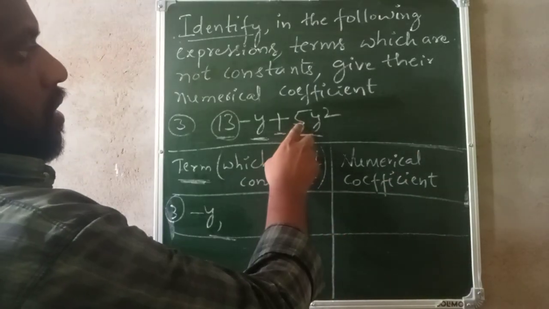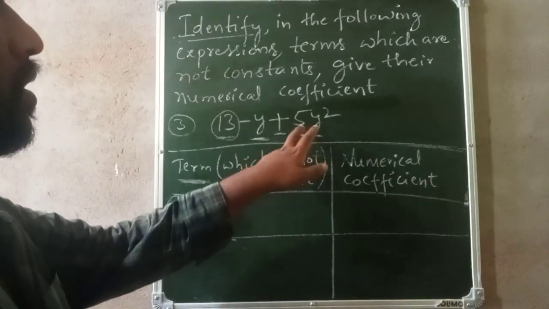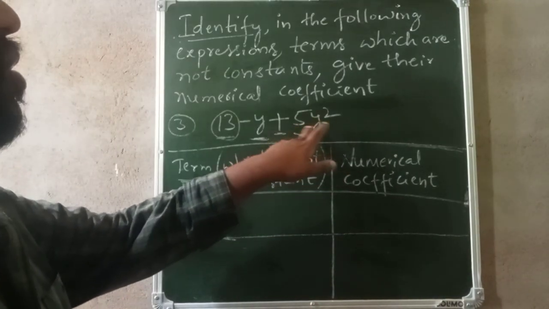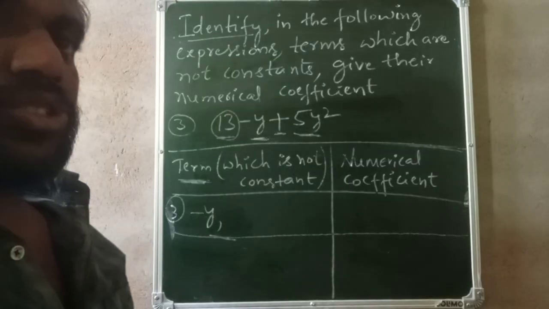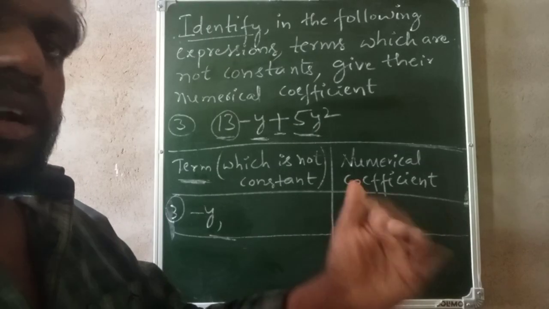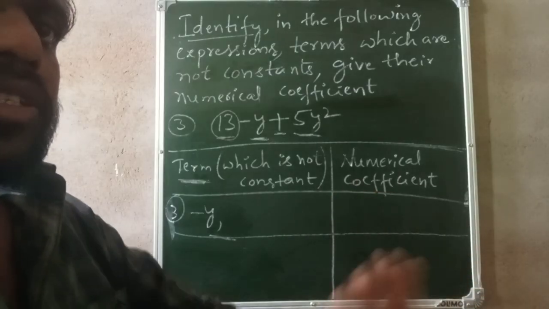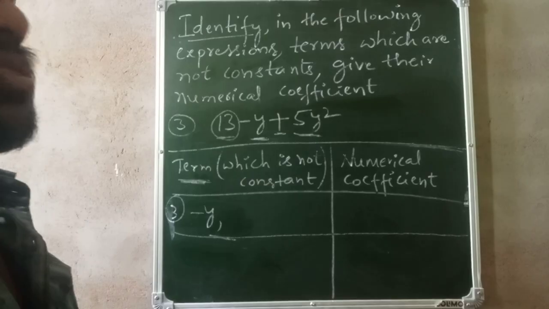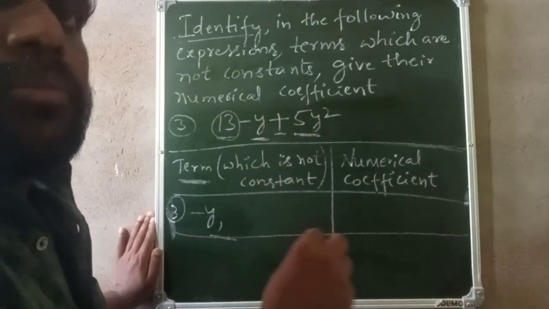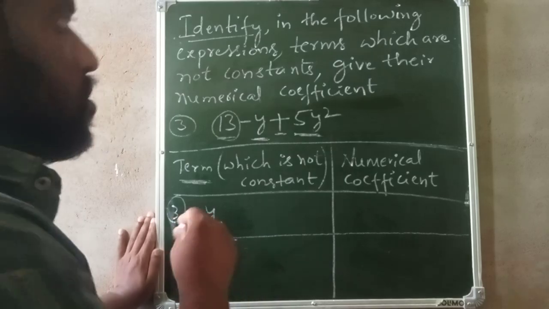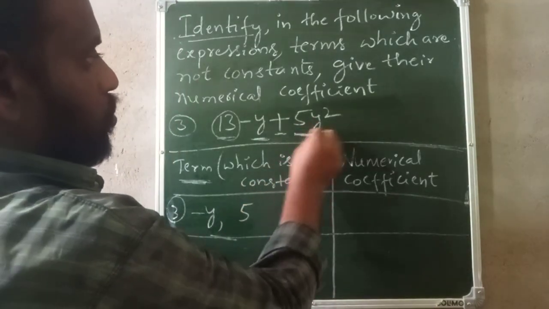Here a number is there, but along with the number a variable is also there, so this is not constant. Only a single number is a constant; if along with the number there is any variable, then that is not constant. So this is also a term which is not constant. I will write this also: 5y square.